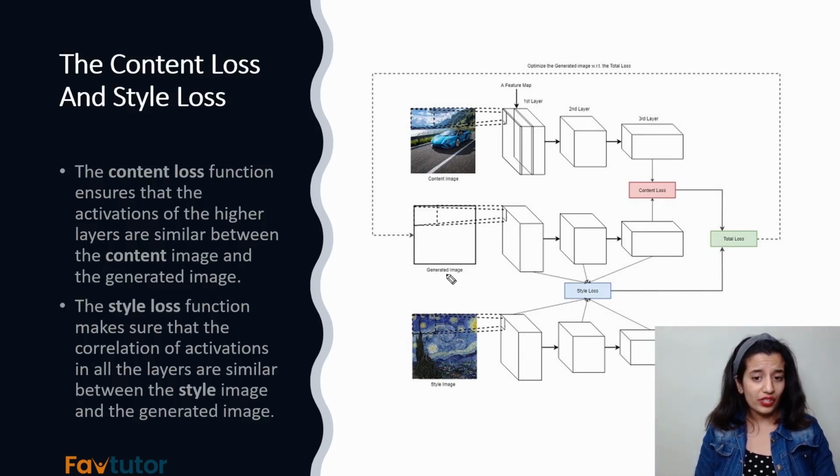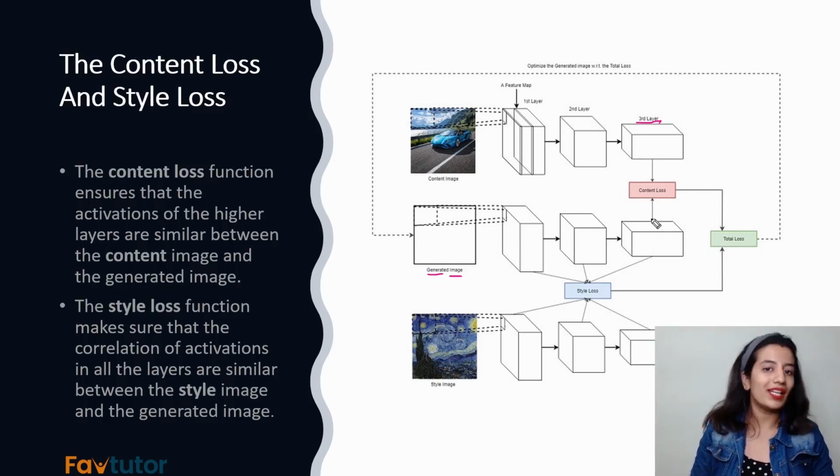Let's say this is the generated image. So I have generated the image. The content loss is between the last layer or the higher layer, here it is just the third layer, and the generated image. So this basically says the content loss will be computed only between the higher layers.